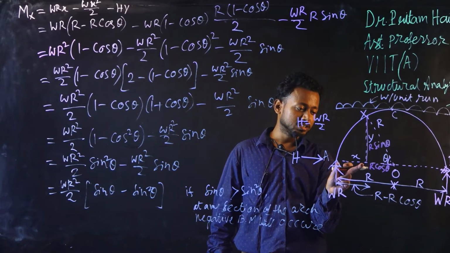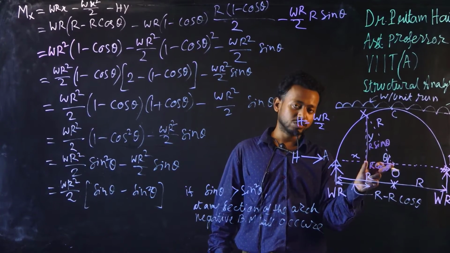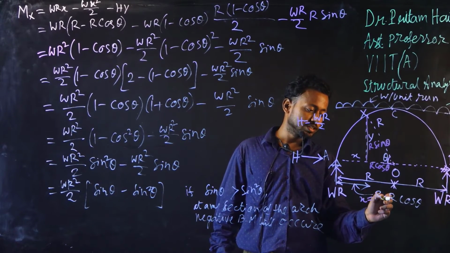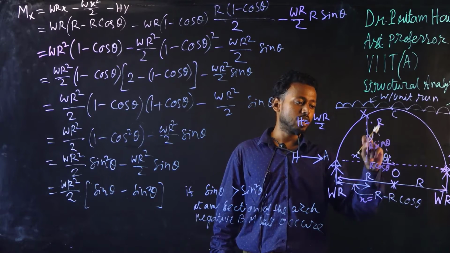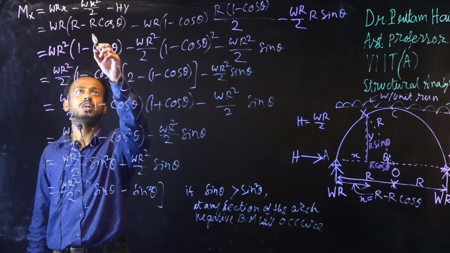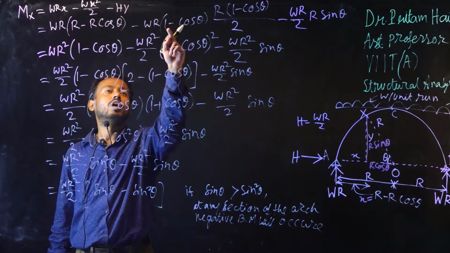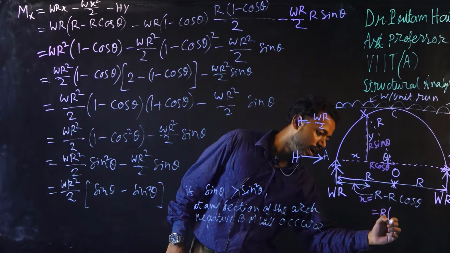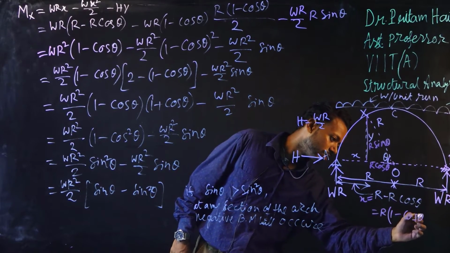What will be this distance? R minus R cos theta. So I wrote here x equals R minus R cos theta and y equals R sin theta. I will put here the value x equals R minus R cos theta. We can write it as R into 1 minus cos theta.